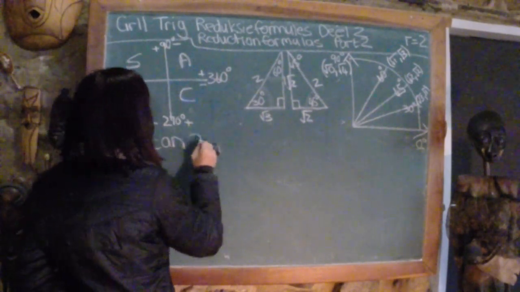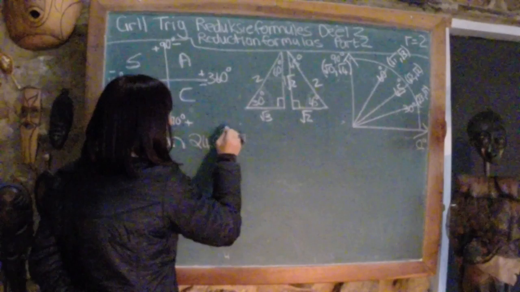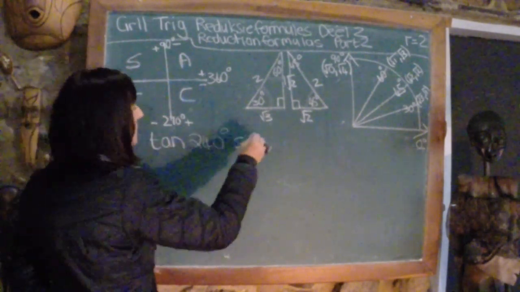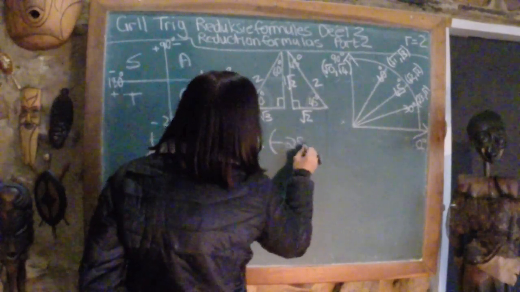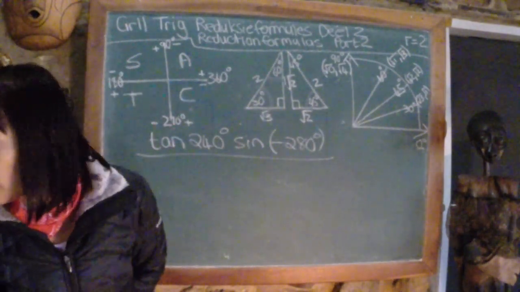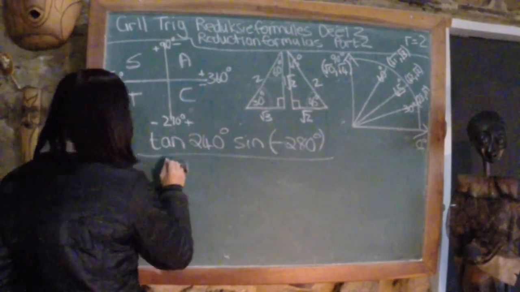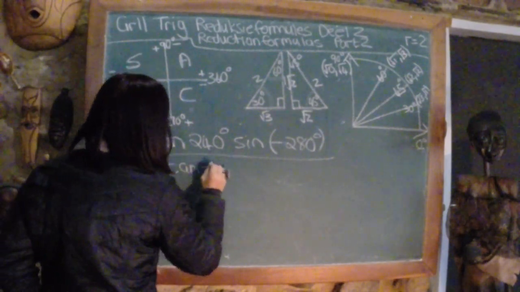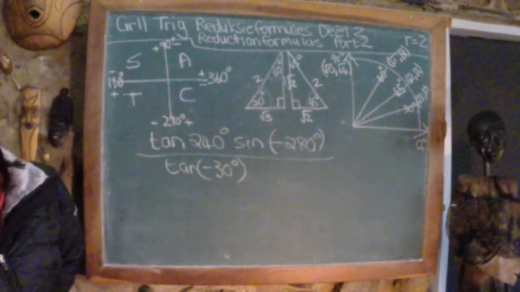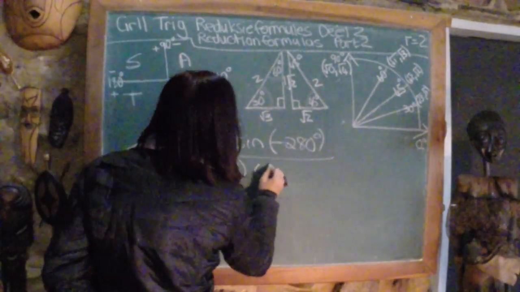Tangent of 240. The sin of a minus angle. I've got the tangent of minus 30. And I've got the cos of 370.